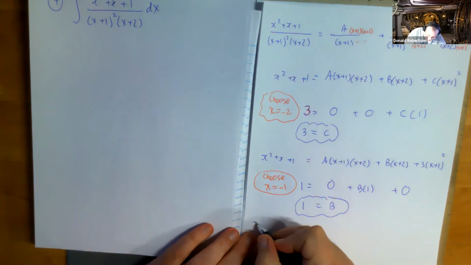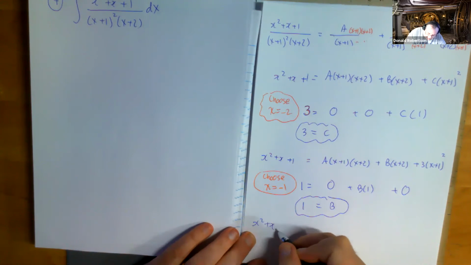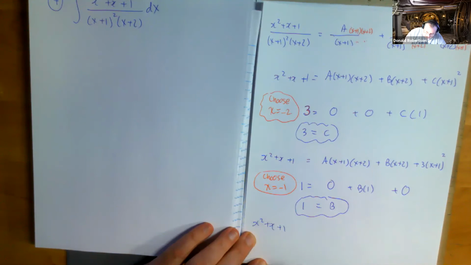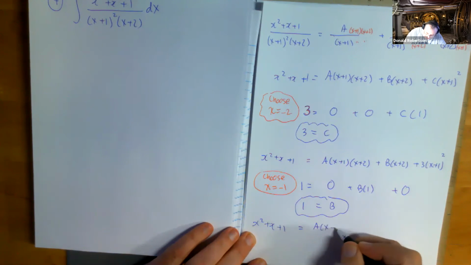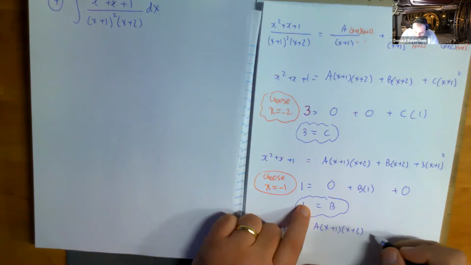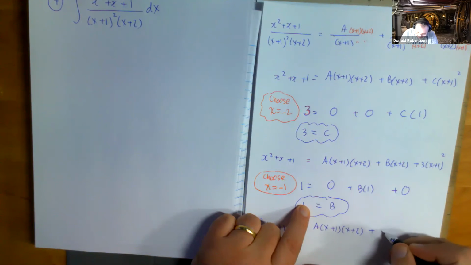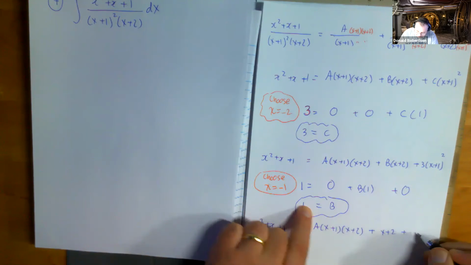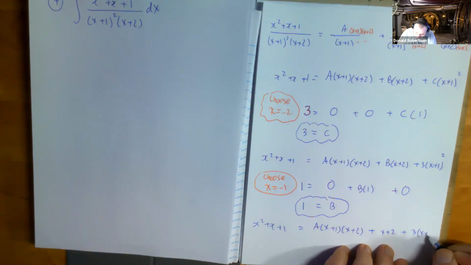And then rewrite the information as A, x plus 1, x plus 2, a B, which is basically one of these, and 3 of these.